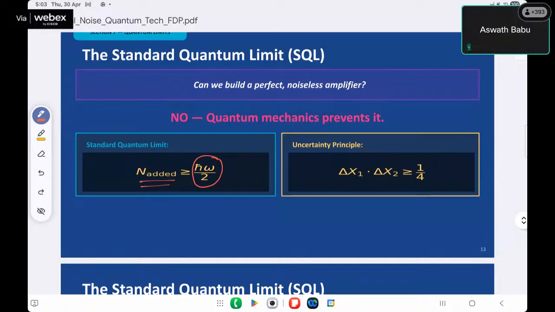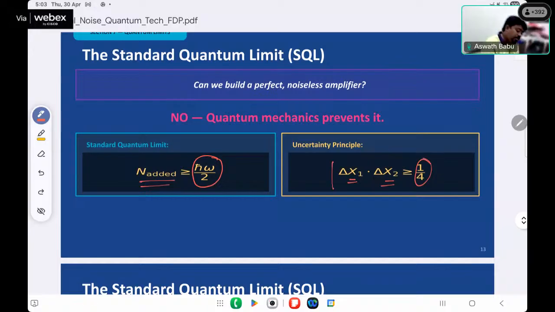Let's say I have two quadratures, like position and momentum, x1 and x2, so position in the x and position in the y axis. In that case, you can have errors greater than h cut by 4. This relation is similar to delta x delta p being greater than h by 2.